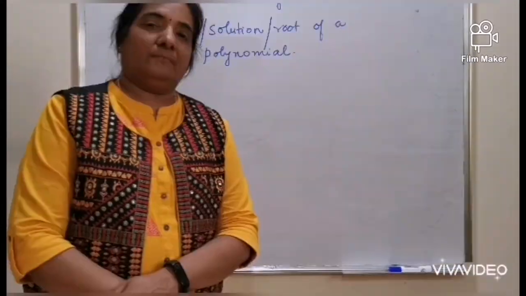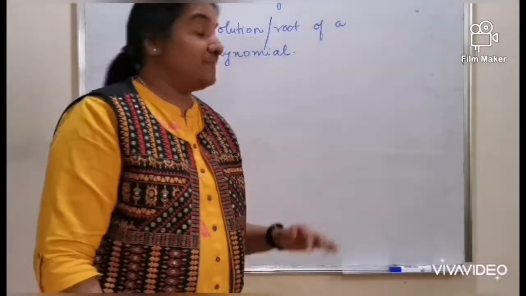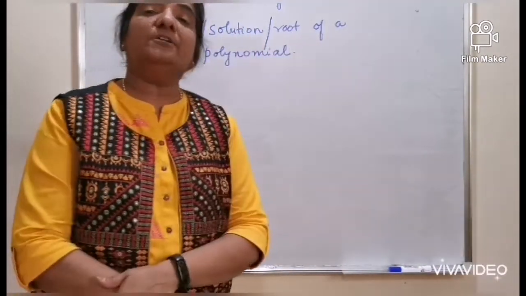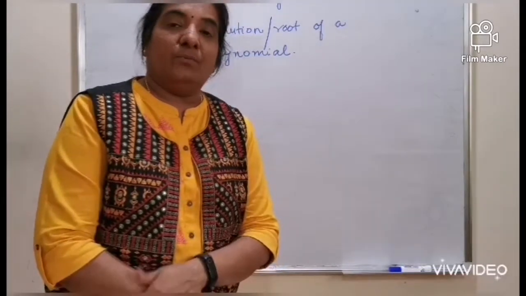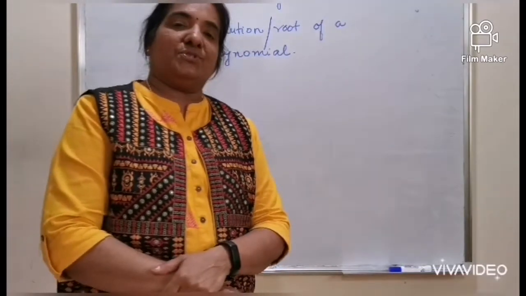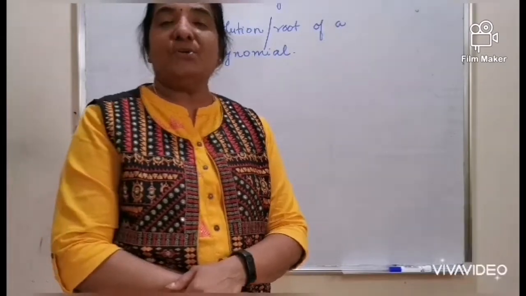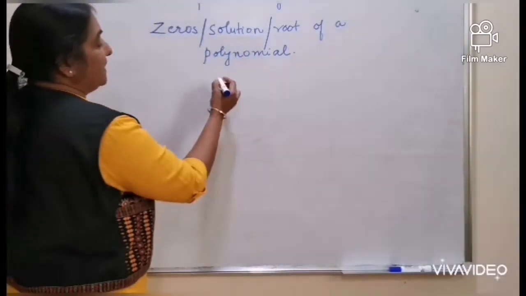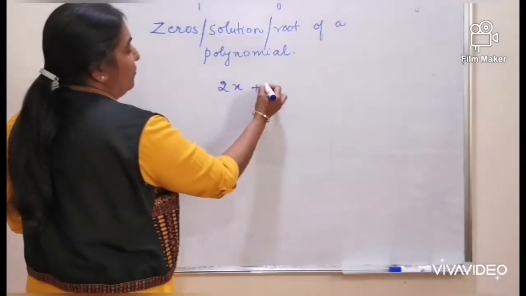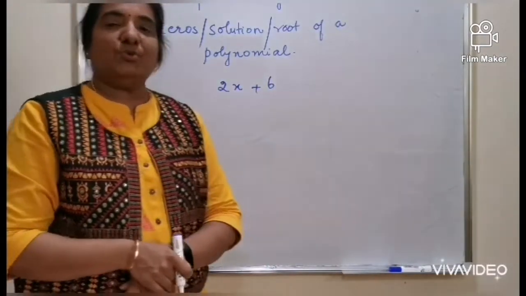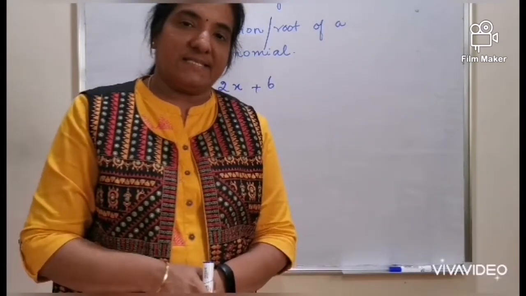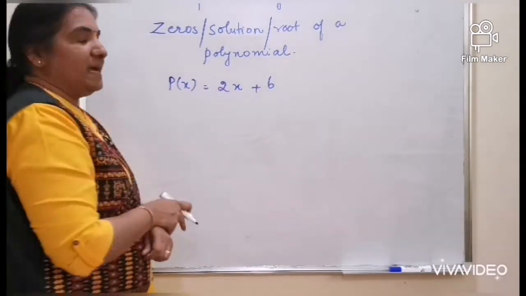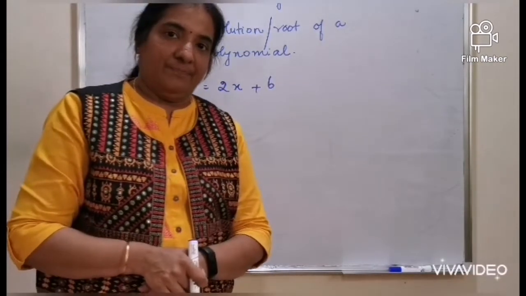What are zeros, solution or root of a polynomial? What is the meaning of zeros or root or solution of a polynomial? You have taken an example of a linear polynomial 2x plus 6 and we are calling that polynomial p of x.